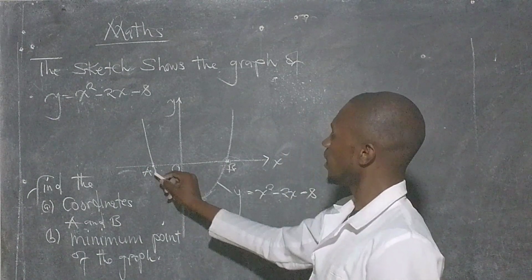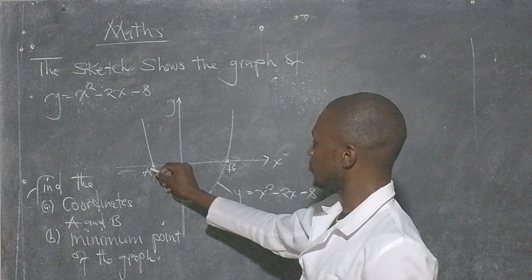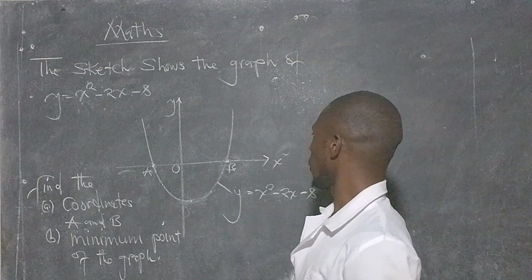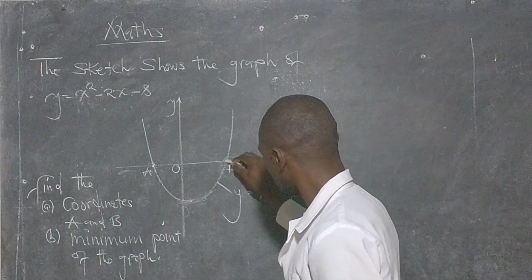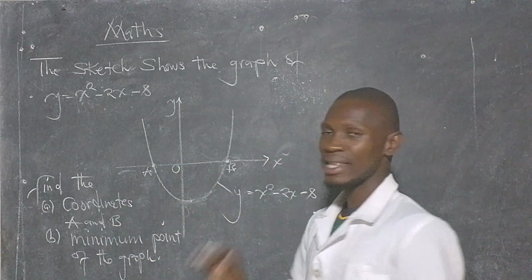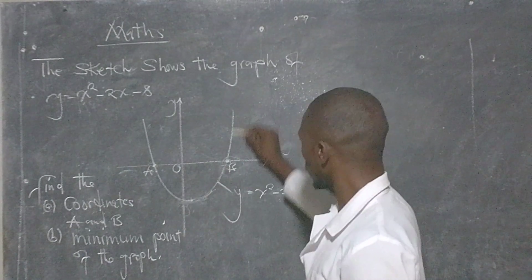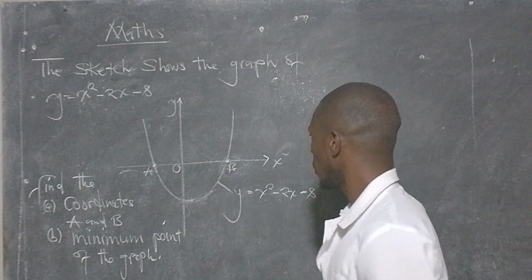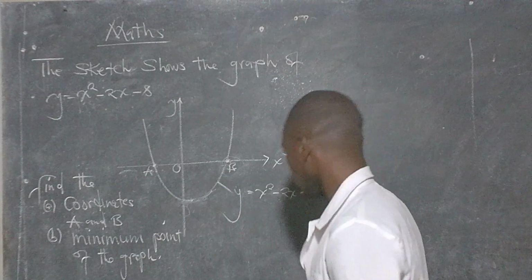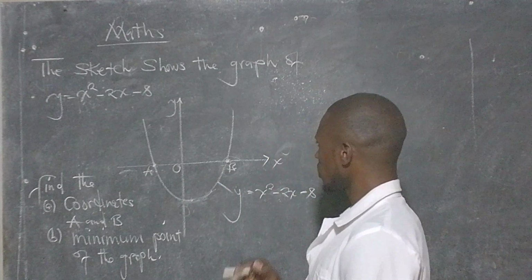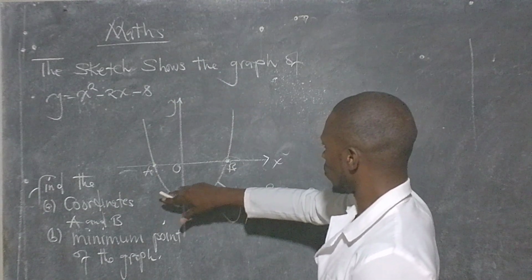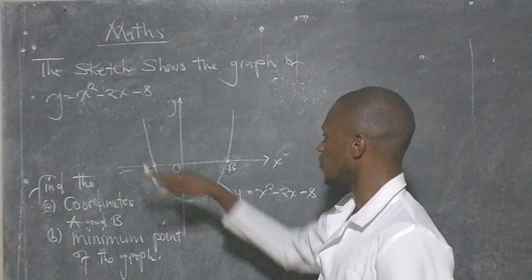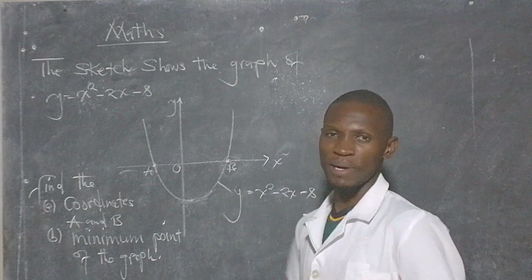Now for us to find the value for A and the value for B, where this part and this part are called the intercepts, this is where the graph is passing. The first thing to understand is where the negative parts and the positive parts are.